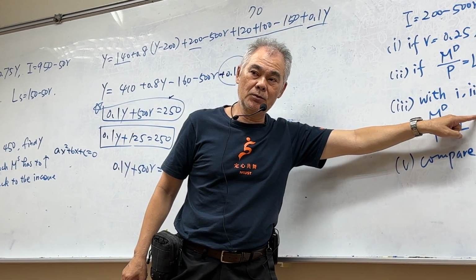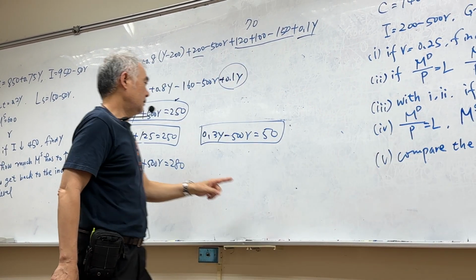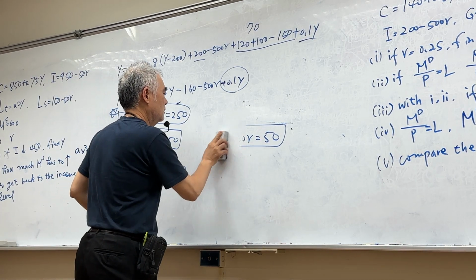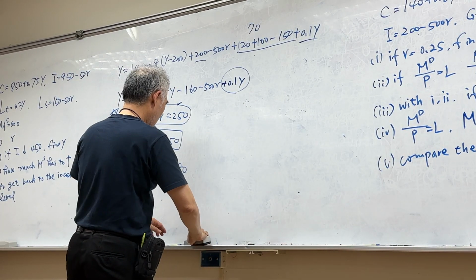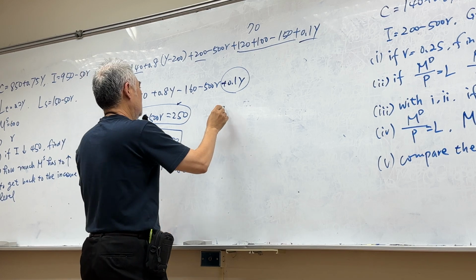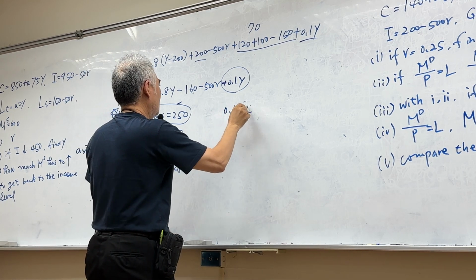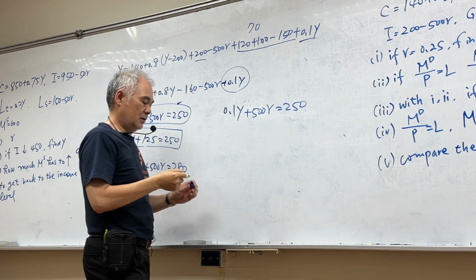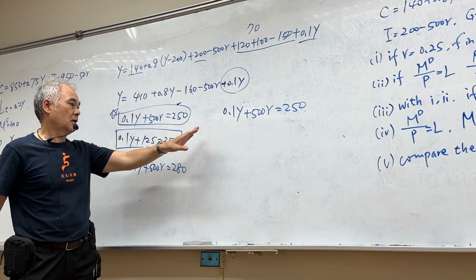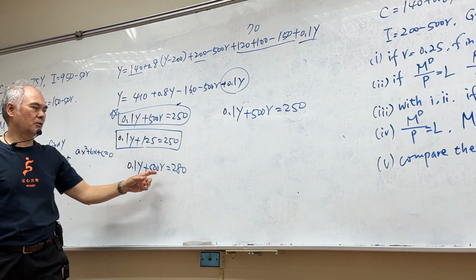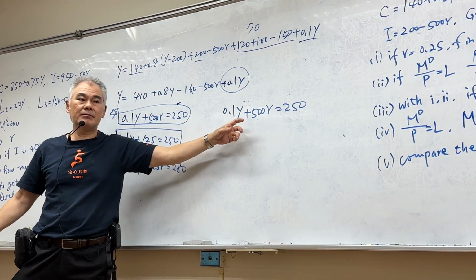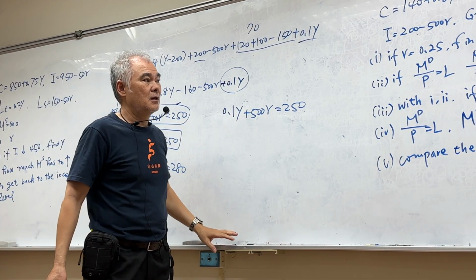You have a new LM curve, but the IS curve is still here. So let me erase this one. You have 0.1y plus 500r is equal to 250. You can use the other one too, but this one is just fine, there's not much difference.